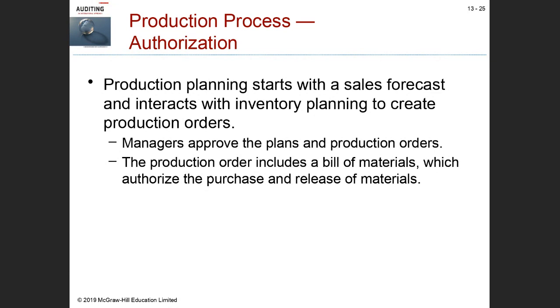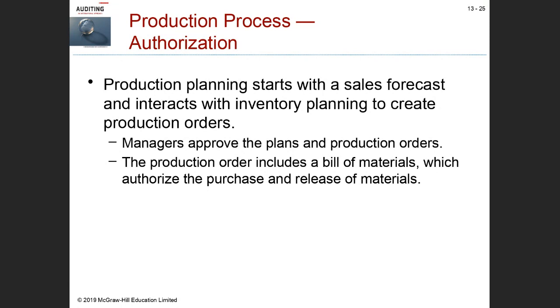When we actually use materials in the plant, we have something called a bill of materials. We purchase raw materials, but we don't just throw them into the production process. When we buy the materials, they come into our plant and they're stored in a part of the plant.